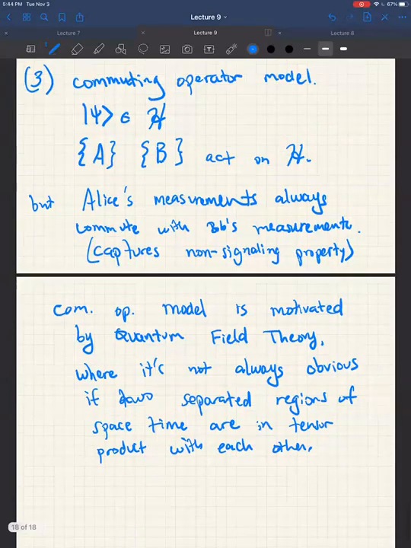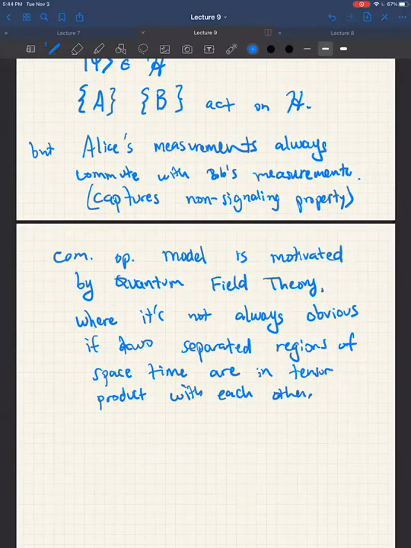I certainly don't know anything about quantum field theory, but this is what all my quantum physicist friends tell me.